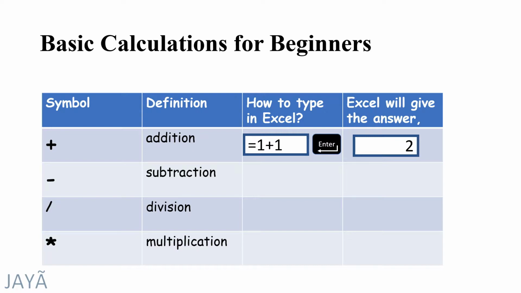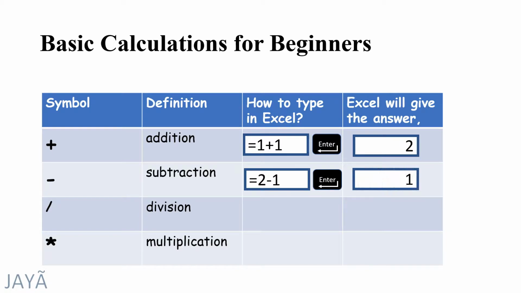Then we go to subtraction. I want to subtract 1 from 2. So the formula will be equal 2 minus sign and 1. Then press enter, you will get the answer 1. The division. We will divide 2 by 2.